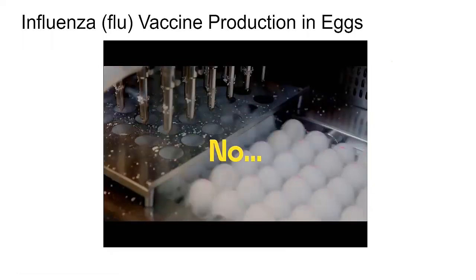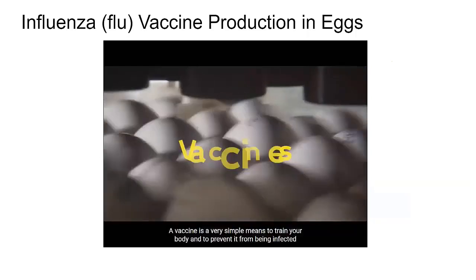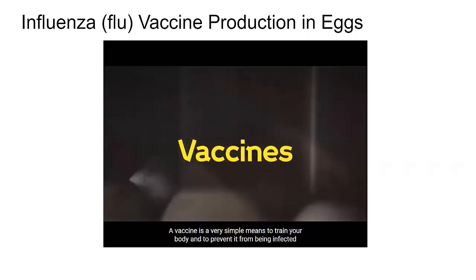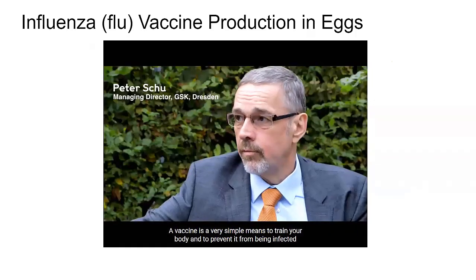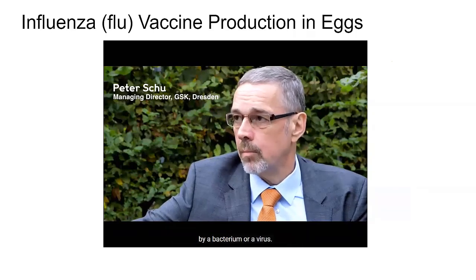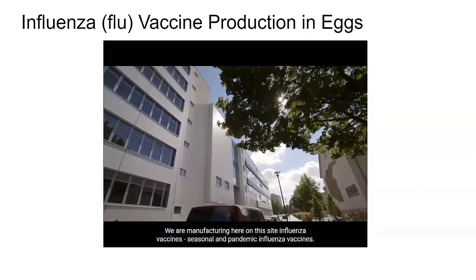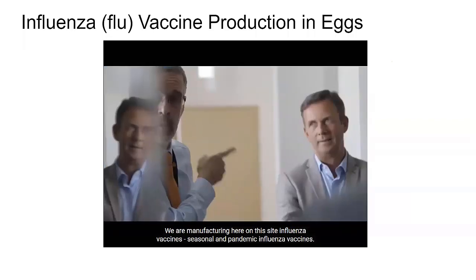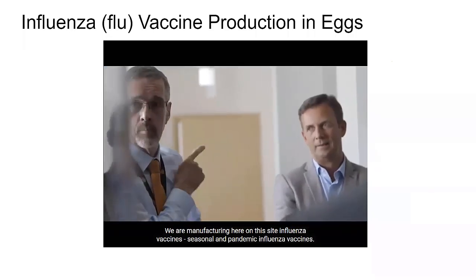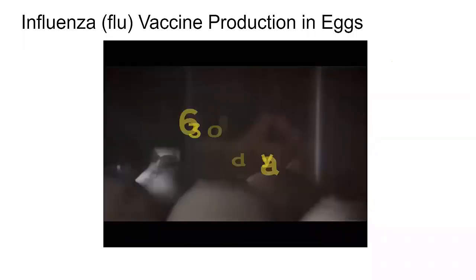A vaccine is a very simple means to train your body and to prevent it from being infected by a bacterium or a virus. We are manufacturing here on this site influenza vaccines, seasonal and pandemic influenza vaccine.